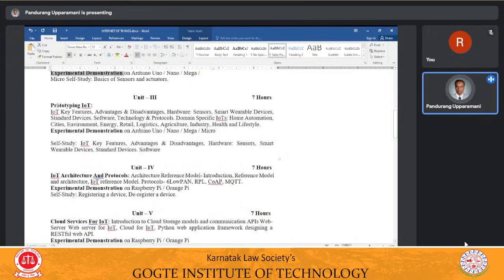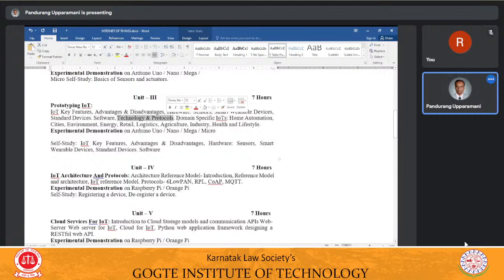Unit 3 moves to the prototyping of the IoT, where we are making an experimental demonstration kit. Then examples, advantages and disadvantages are discussed. Then hardware like sensors, wearable devices, and the related software, the related technology and protocol.